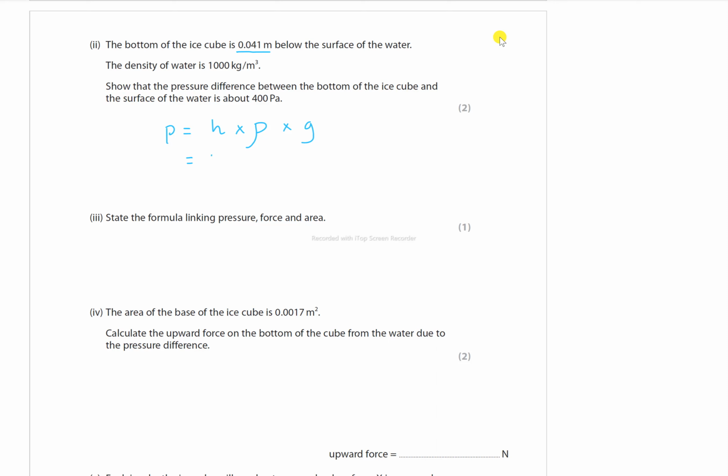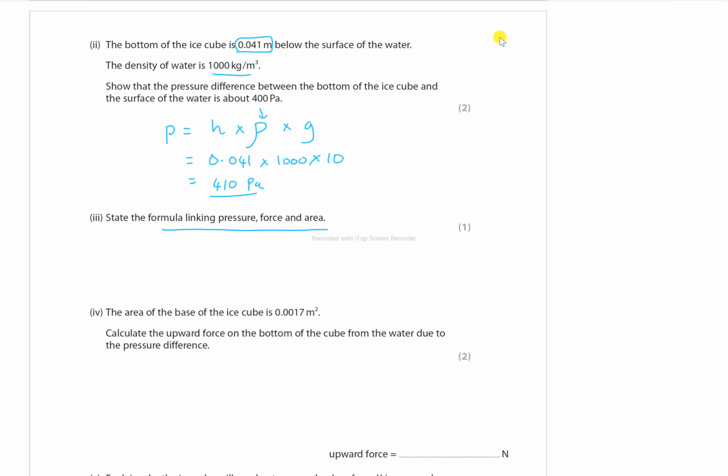Height is 0.041 times the density, 1000, times gravity. So you would get 410 pascals. Okay, that's simple, straightforward.